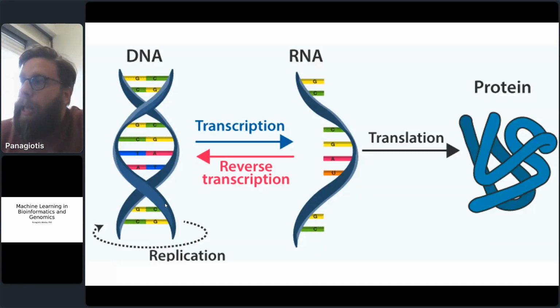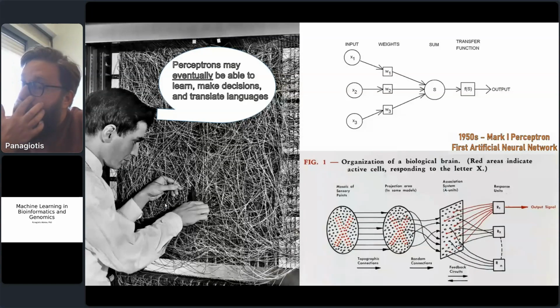Okay, so moving forward a little bit with our history, in the 1950s, we are starting to have very complicated artificial neural networks that were still analog at the time, and there's a big hope that using these very basic artificial neural networks, eventually this type of networks will be able to learn enough to do complicated things like understand language, translate, make decisions, and so on.